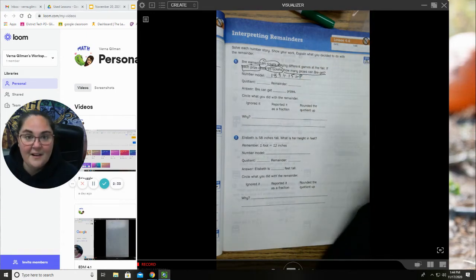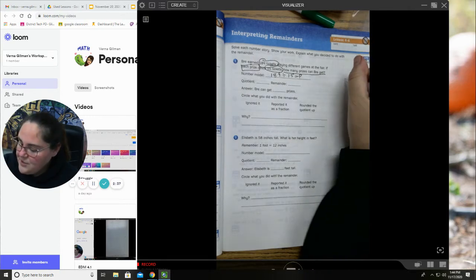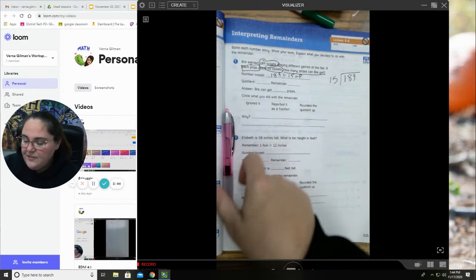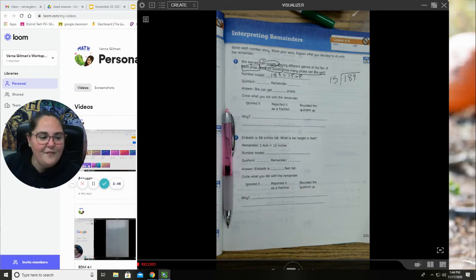Remember, your number model has a letter for the ending. I want you now to do the division. 189 divided by 15. You can do the division whichever way is easiest for you. Finish the division, find your quotient and your remainder, and I will see you shortly.